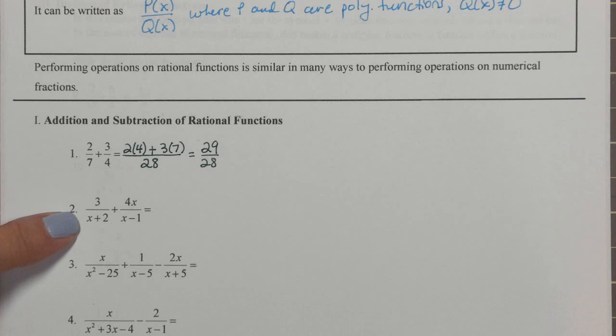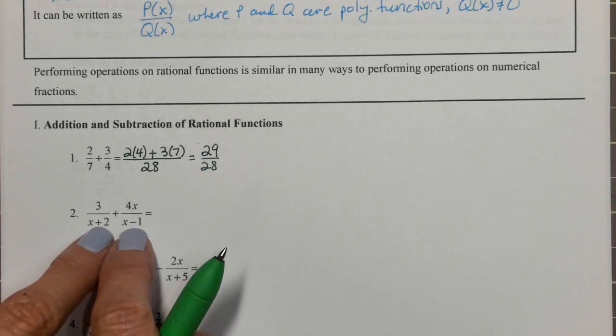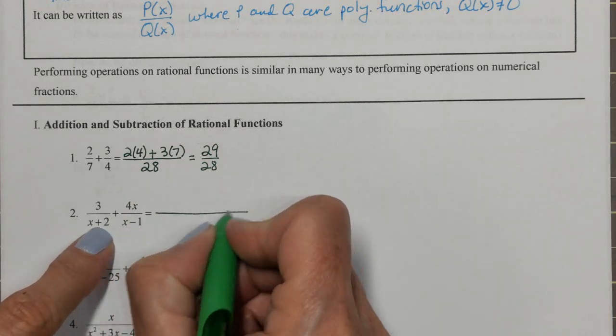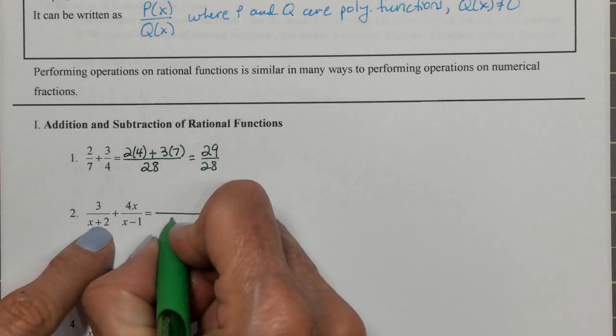It's a very similar process to adding rational functions. We're going to get a common denominator and do the same process. Here, these two denominators have nothing in common. They're completely different. So the common denominator here is going to be the product of x plus 2 and x minus 1.